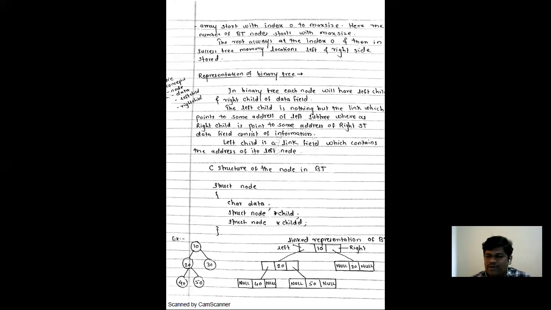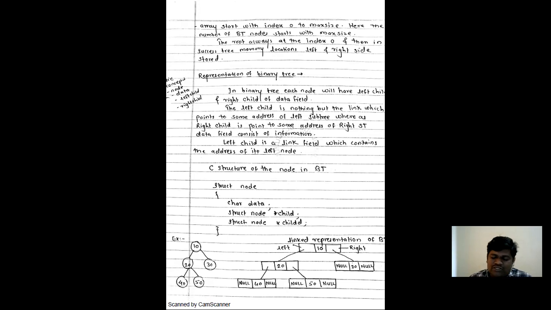Now what is the value of the left pointer? Null, since there is only one node. And the value of the right pointer? Null.